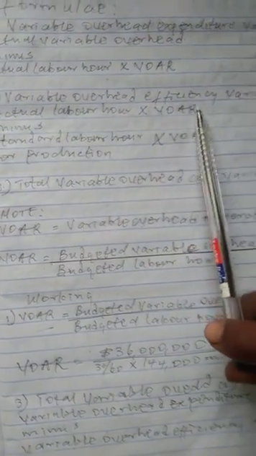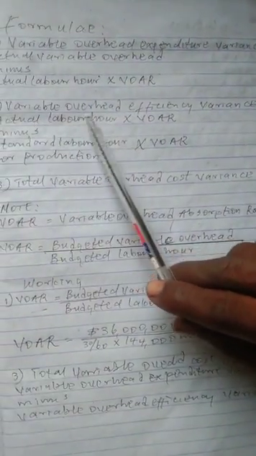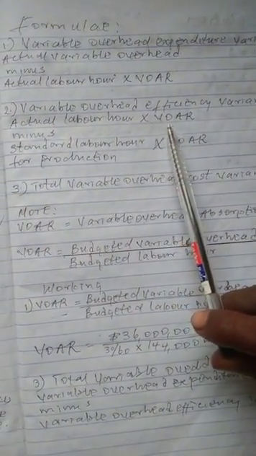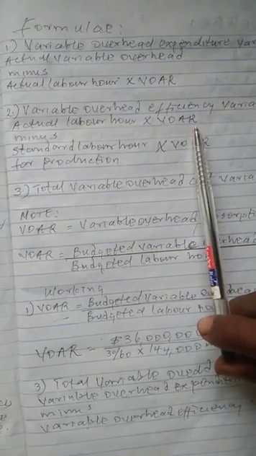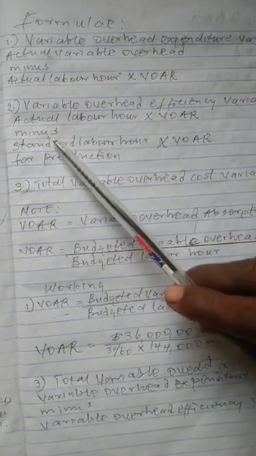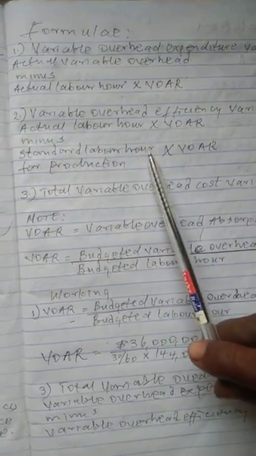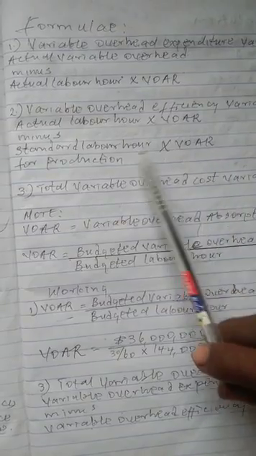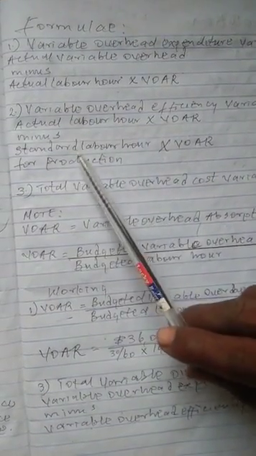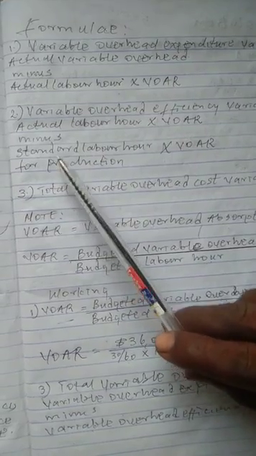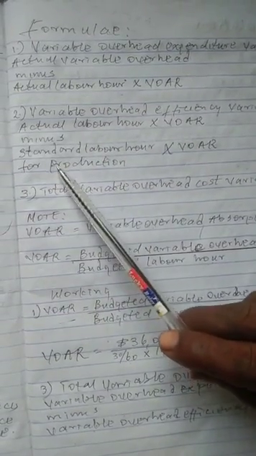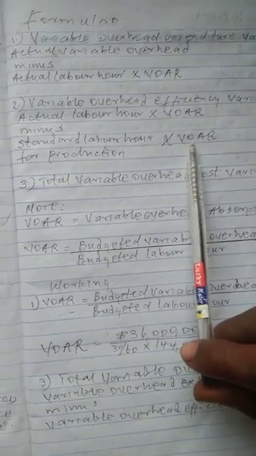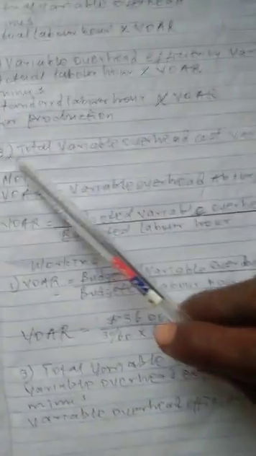Variable overhead efficiency variance: actual labor hour multiplied by variable overhead absorption rate, minus standard labor hour for production multiplied by variable overhead absorption rate.